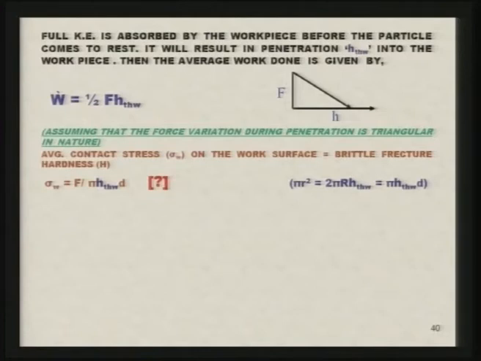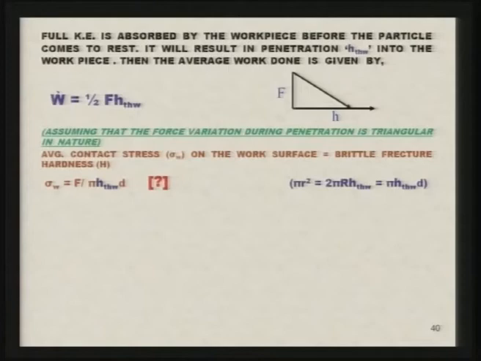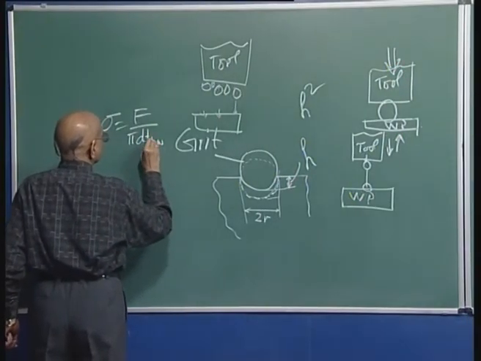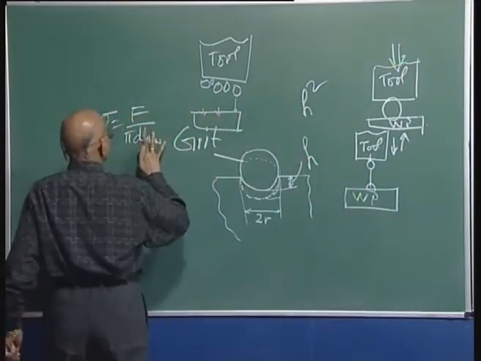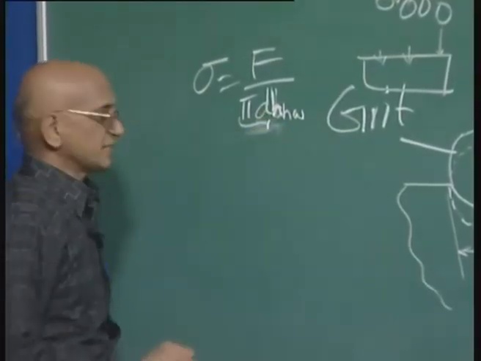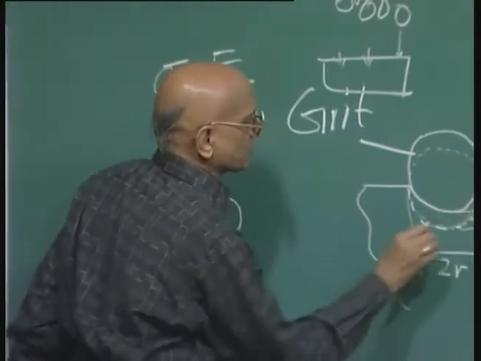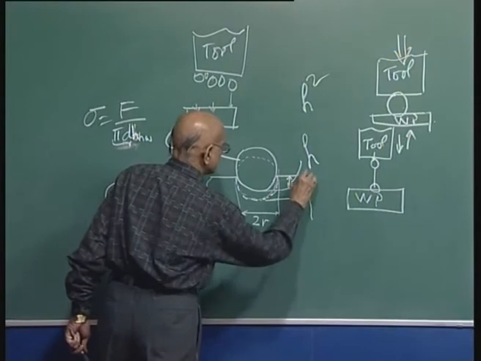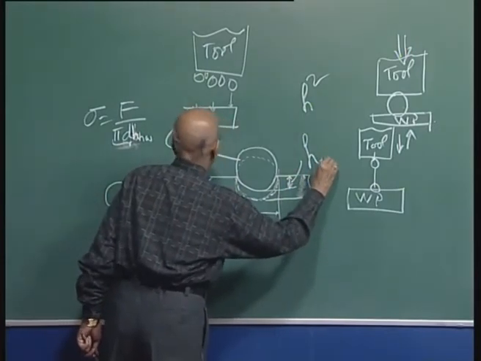With this assumption, sigma w is given by F divided by pi d h_thw. Here, pi d is the periphery of the hemispherical penetration that we are assuming, and this gives the h_thw.